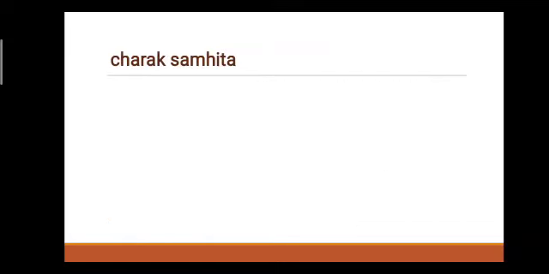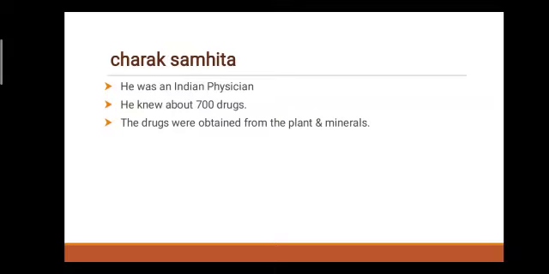In the first, Charak Samhita, he was an Indian physician. He knew about 700 drugs. The drugs were obtained from plants and minerals. His collection is named Charak Samhita.